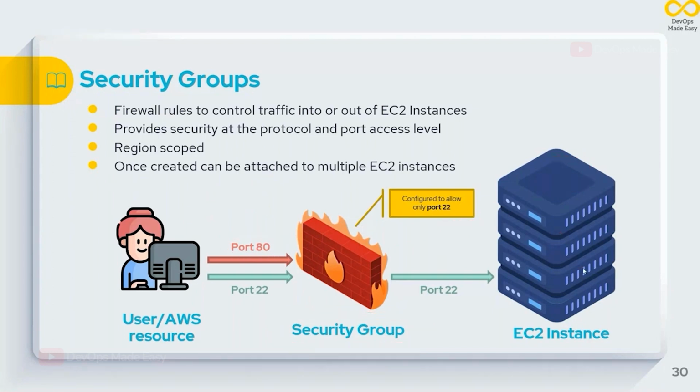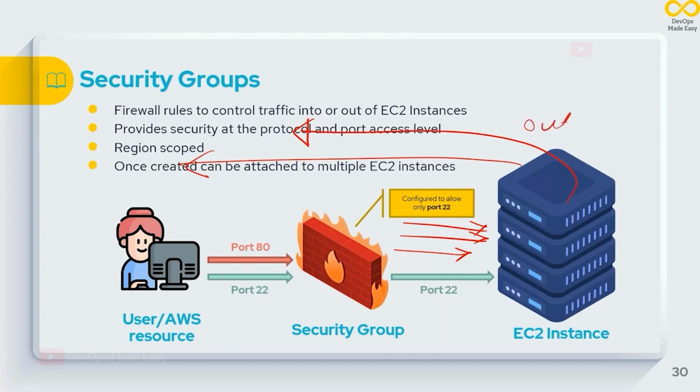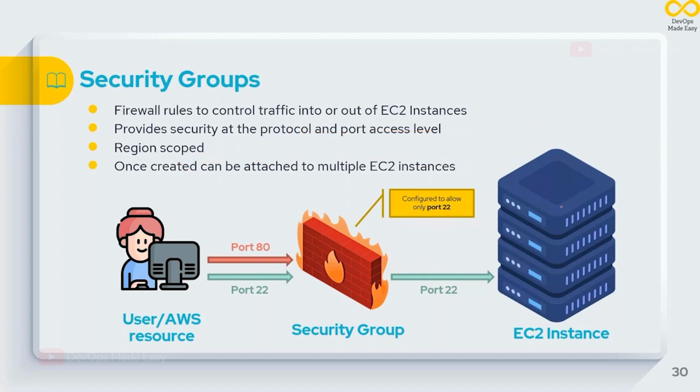All these are incoming requests. If this EC2 instance has to talk to any service outside, those are called outgoing requests. By default your EC2 instance can talk to any service outside on the internet.